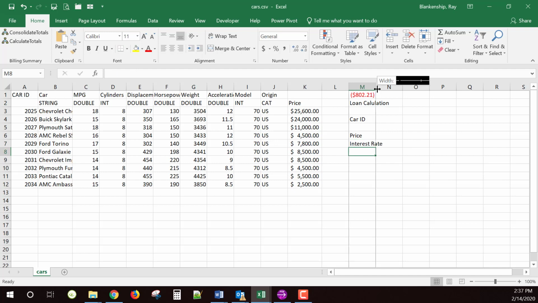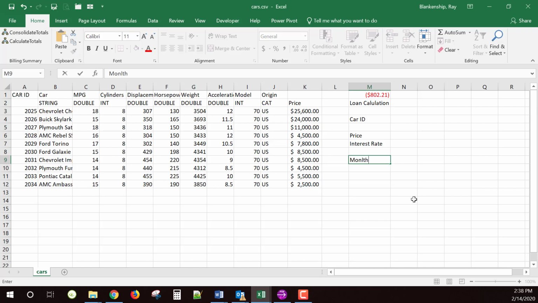And sometimes people will put in a down payment, and that down payment would have to be subtracted from your price of what you're calculating. And then the last thing that you want here is probably the monthly loan payment, or the monthly payment.